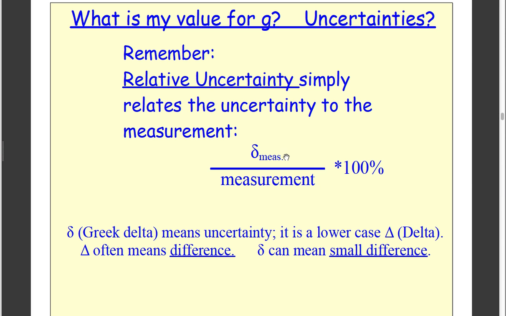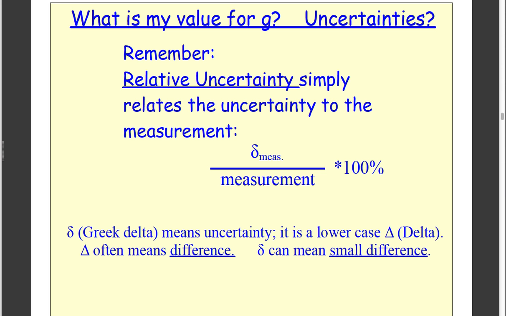You have to be careful that you have both of these in the same unit. Something else I'd like you to note is this Greek letter. It's a small case delta, and we take that to mean the uncertainty. Capital delta often means a difference, whereas lowercase delta can mean a small difference.